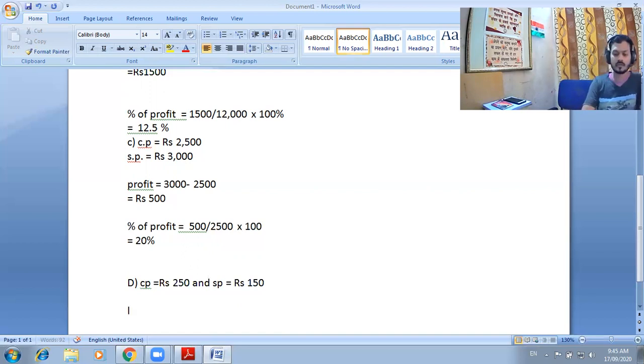So loss equal to, reply me, what is the formula for loss? Equal to CP minus SP. Put their values: CP is equal to 250 and SP is equal to 150.